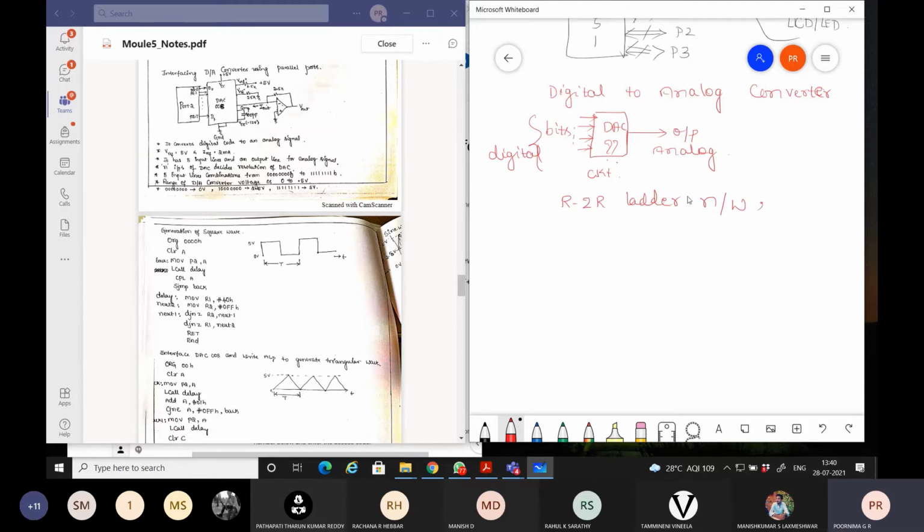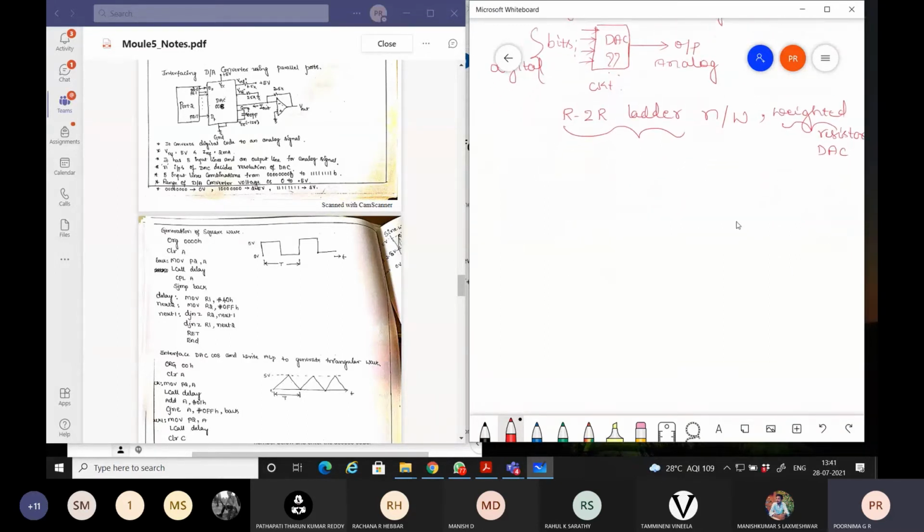Another type of DAC you have is the weighted resistor digital to analog converter. These are the two electronic circuits used to take digital inputs and give an analog output. This digital to analog converter is available in the form of an IC.